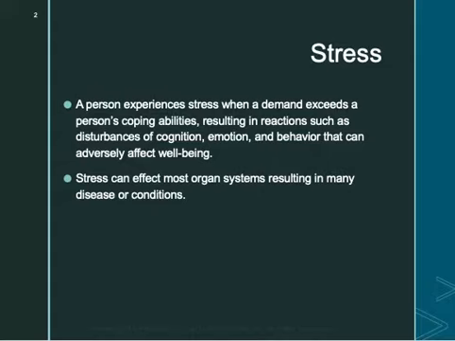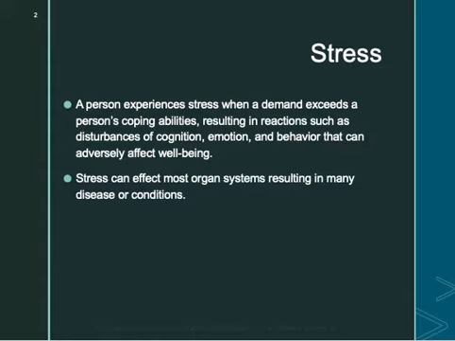In general, this is just a general definition where people experience stress and the demand essentially exceeds the person's ability to cope. So there can be multiple reactions such as disturbances in cognition, emotion, behavior, and obviously it affects the well-being negatively.